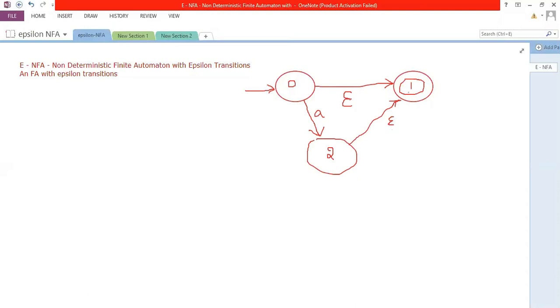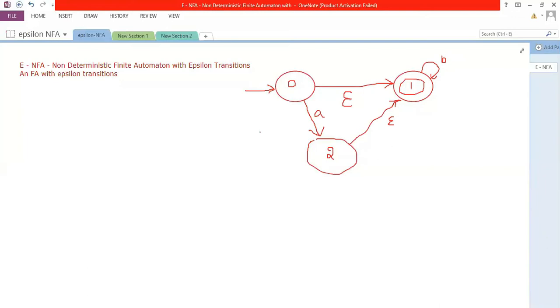Now if I make a self loop here, say B, I say that this FA accepts the symbol A followed by any number of B's. So this is just to give an example.